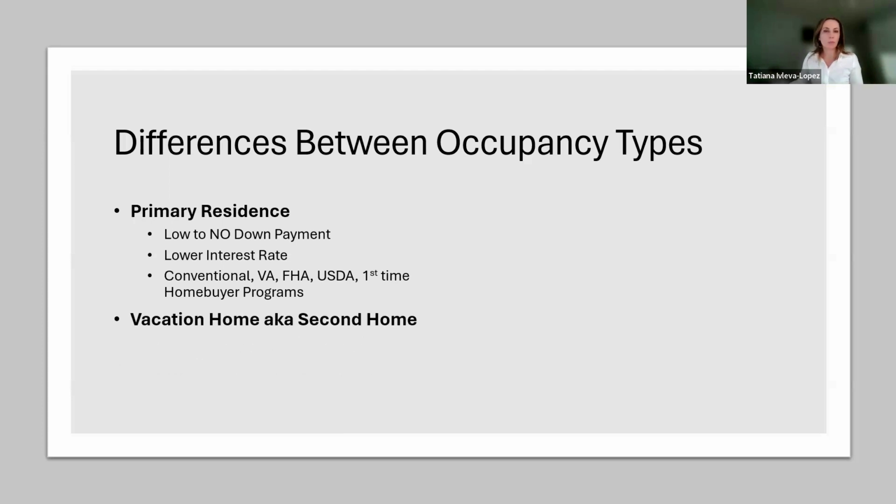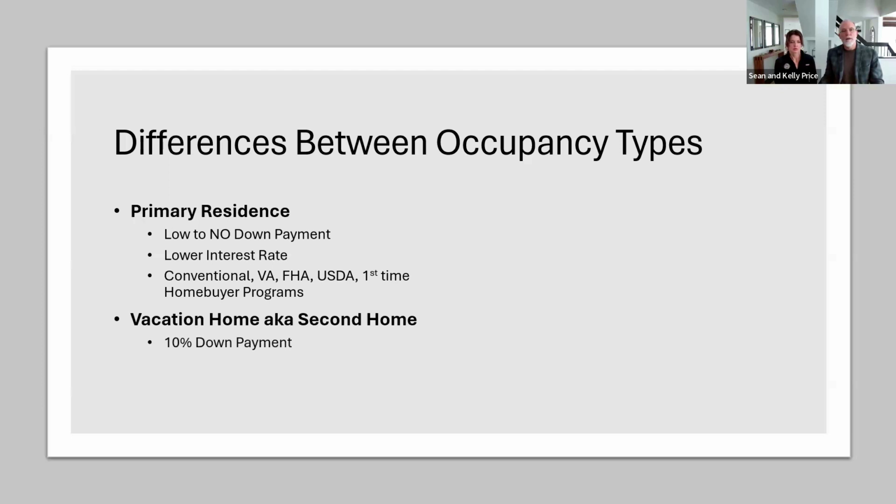Maybe it's a property at the lake or a ski resort, or even closer to their work if the primary residence is very far away and they have to drive 4 hours. So sometimes people purchase close to work, and that would be considered a second home. Minimum down payment is 10% with that one.